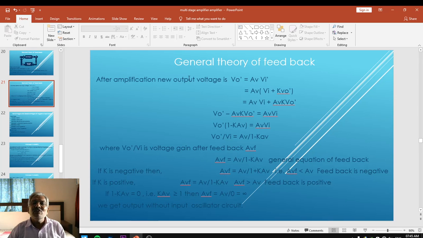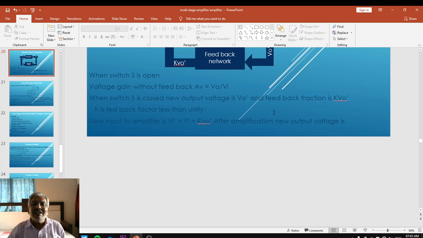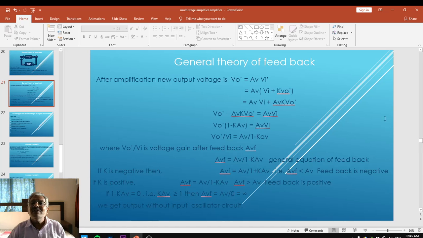After amplification, the new output voltage Vo dash is equal to gain times the input voltage, that is Av into Vi dash. But we have Vi dash, which I already calculated, equal to Vi plus K times Vo dash. Putting this value in this equation, we get Vo dash equal to Av into bracket Vi plus K times Vo dash.